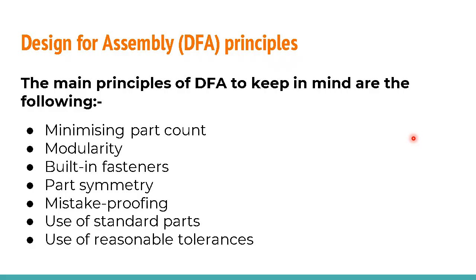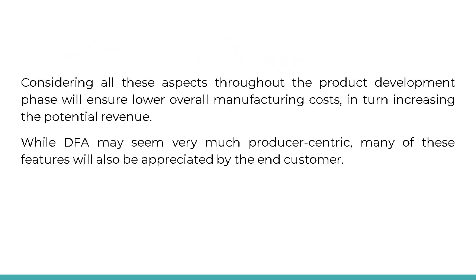So there are a number of principles. Considering all of these aspects throughout the product development phases will ensure a lower overall manufacturing cost, which in turn increases the potential revenue.